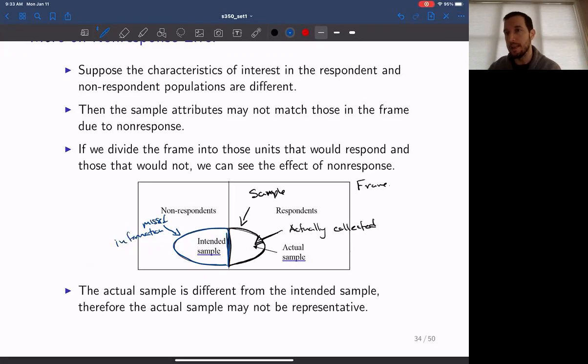And now the intended sample, what you actually wanted to collect, this whole elliptical shape, gets split into what you're going to end up with and what you're going to miss because the people did not respond. So the sample error, again, is a misalignment between the sample itself and the target population. That can occur because of coverage, or because of non-response. It's a very difficult problem to control.